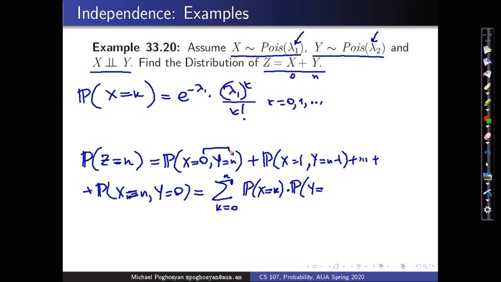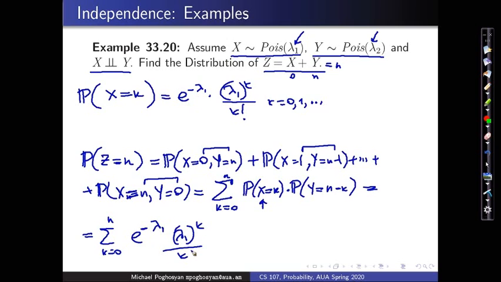You can see that always we have the sum n, because we have just considered all cases where this is equal to n: all possibilities 0, n; 1, n minus 1; 2, n minus 2; etc. Now if I plug in the PMFs for x and y, the probability that x is equal to k is e to the minus lambda 1 times lambda 1 to the k over k factorial, times this probability e to the minus lambda 2 times lambda 2 to the n minus k over n minus k factorial.